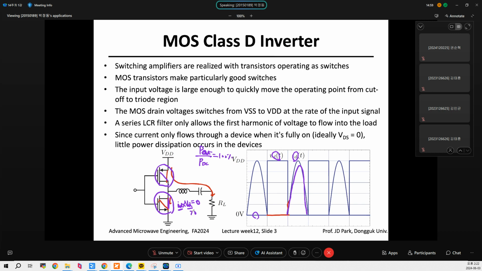Therefore, theoretically, the Class D inverter, which is a Class D power amplifier, is giving 100% efficiency.